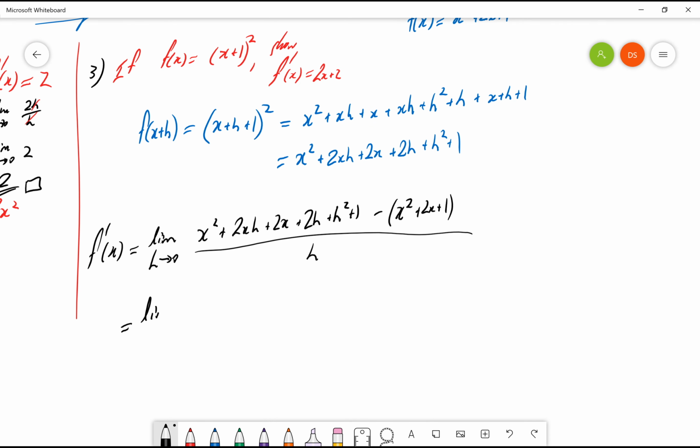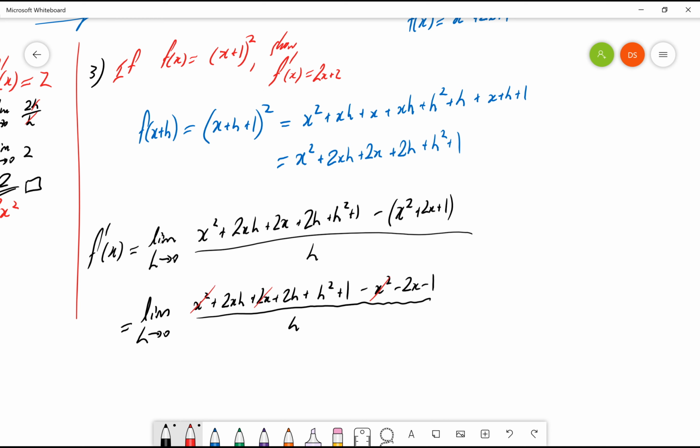Okay, then I'm just going to expand x squared plus 2xh plus 2x plus 2h plus h squared plus 1, minus x squared minus 2x minus 1, all over h. And let's try cancel. Cancel that and cancel that. Cancel that and cancel that. Cancel that and cancel that. What am I left with? Limit, 2xh plus 2h plus h squared, all over h.